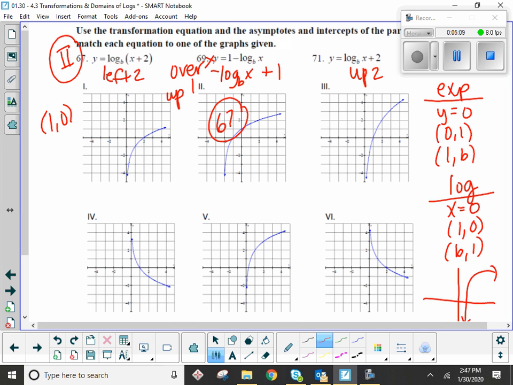What did you come up with for 69? 6, absolutely. 6. Or if you wrote the number on the graph, it would be this graph down here. And what did you come up with for 71? 5. Very good.